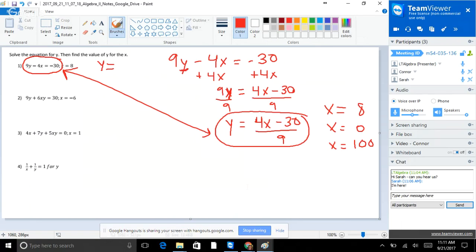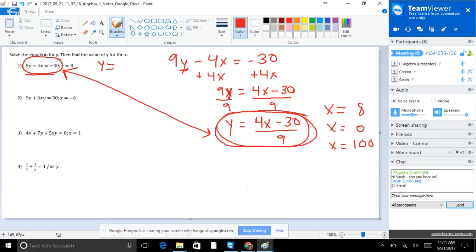If we have the y equals format, it's a lot easier to plug in and figure out y, versus the original format, where we'd have to solve for y every single time.